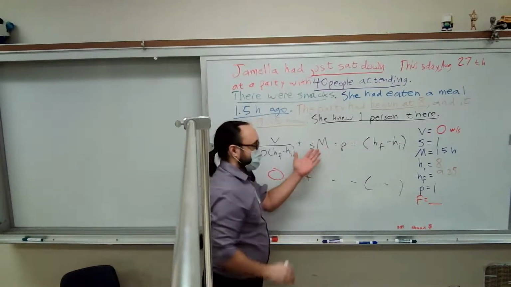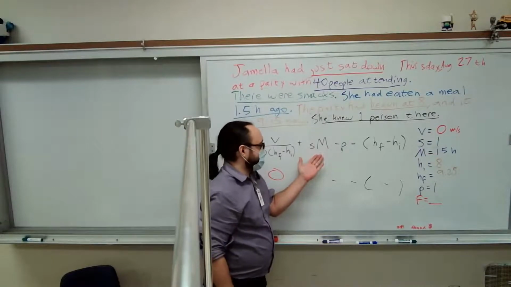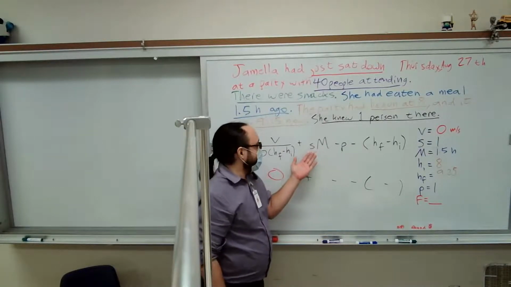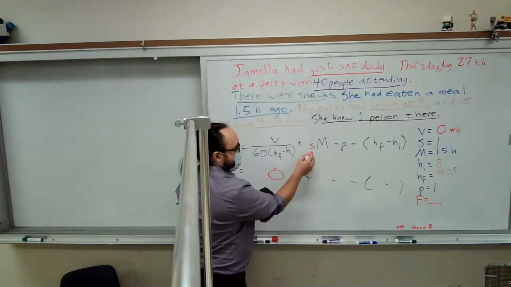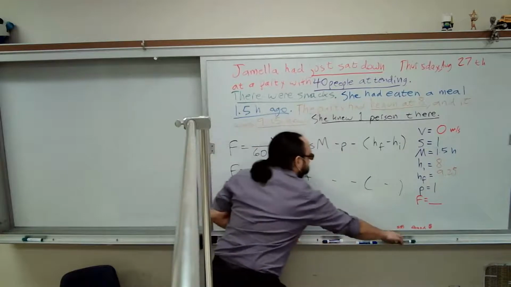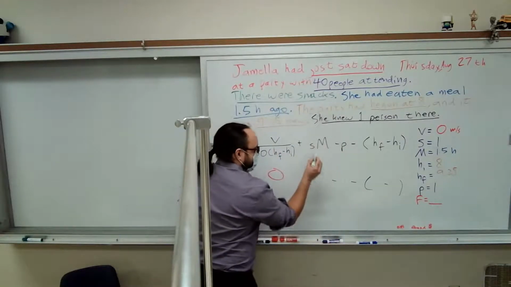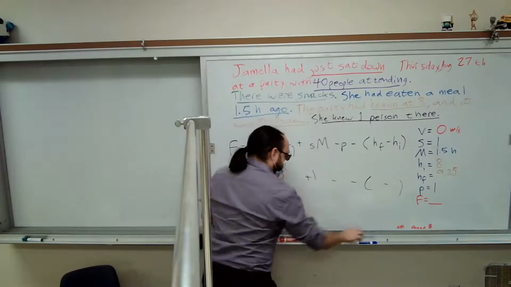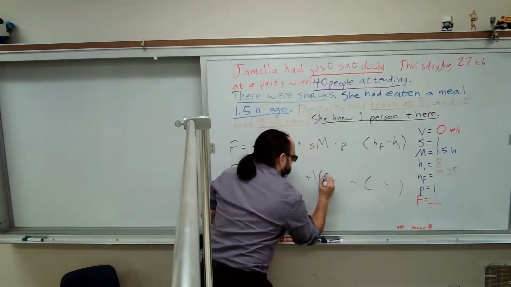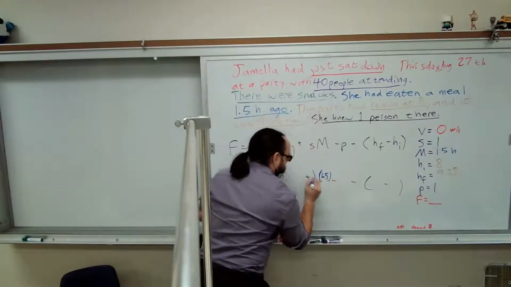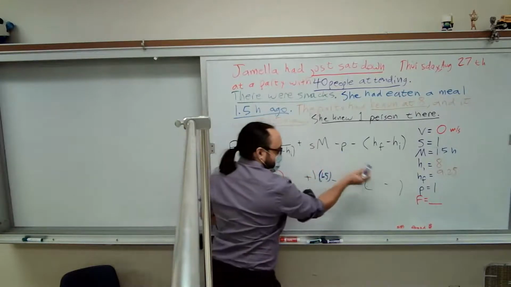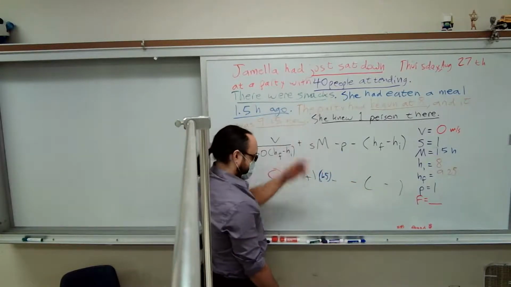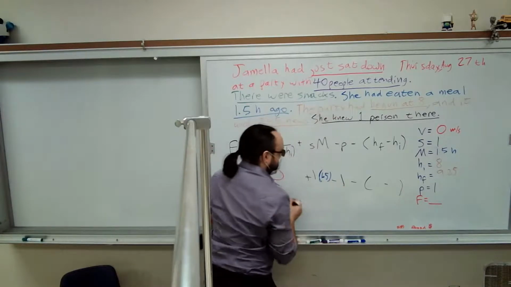S and M, when they're next to each other, that means to multiply. S is 1 in green, and M is 1.5 in blue. I'm putting them in parentheses so that it still says they're supposed to be multiplied. Let's put P is 1, in this other marker, 1.